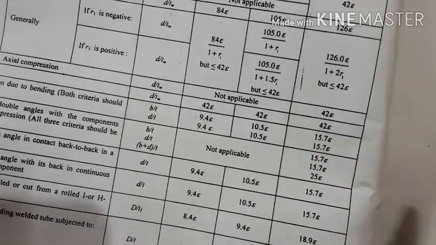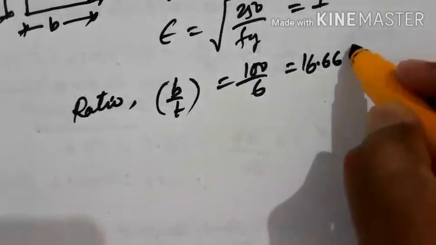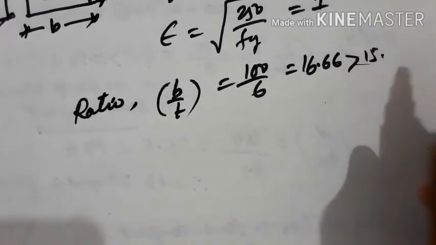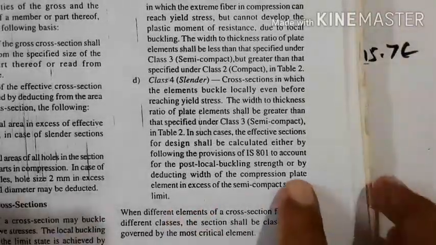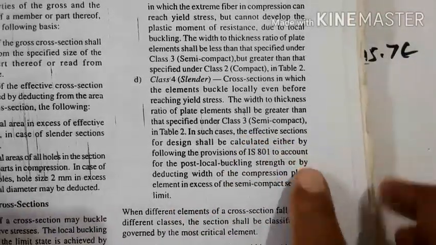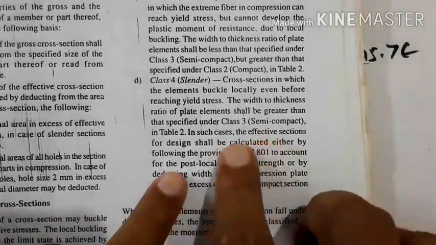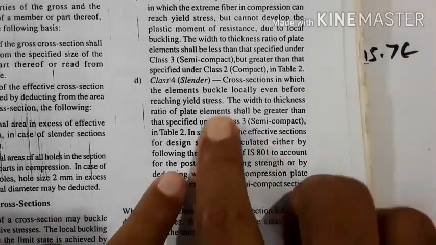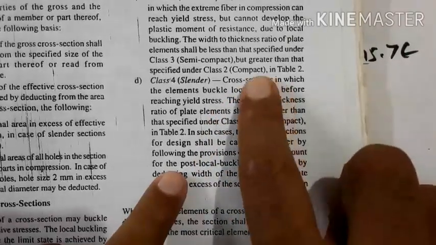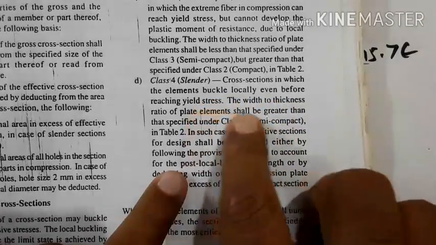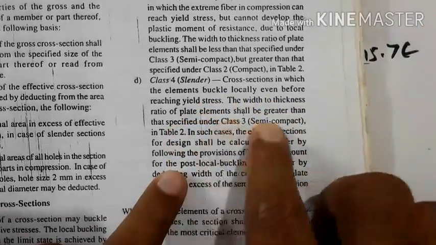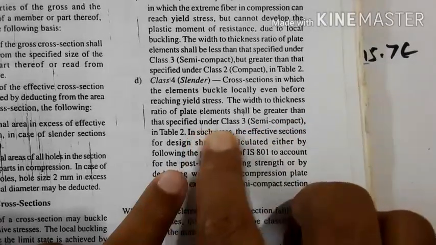In our case it is more than 15.7 epsilon. So what the code says, read here. For the cross sections in which the element buckles locally even before reaching the yield stress, the width to thickness ratios of the plate element shall be greater than the specified, that is class 3.